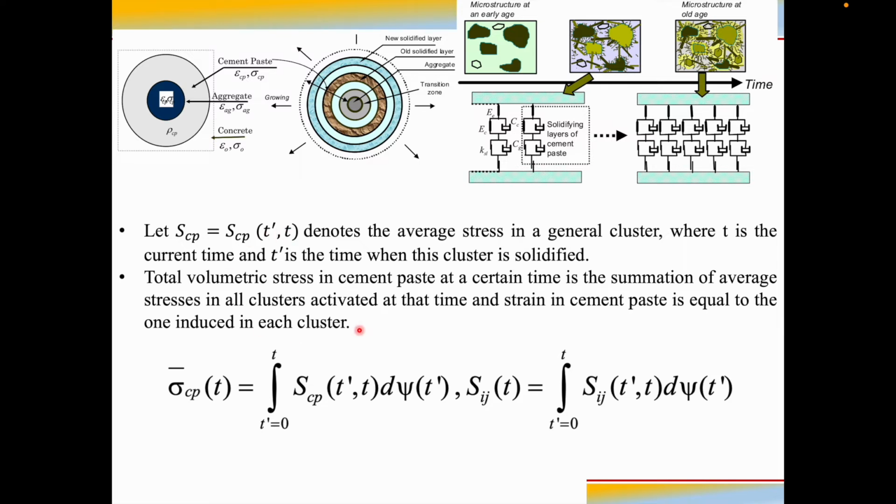So the total volumetric stress in cement paste at a certain time is the summation of average stresses in all clusters activated at that time, and strain in cement paste is equal to the one induced in each cluster. The equation can be written like this, and I'm going to explain this equation in the next slide.